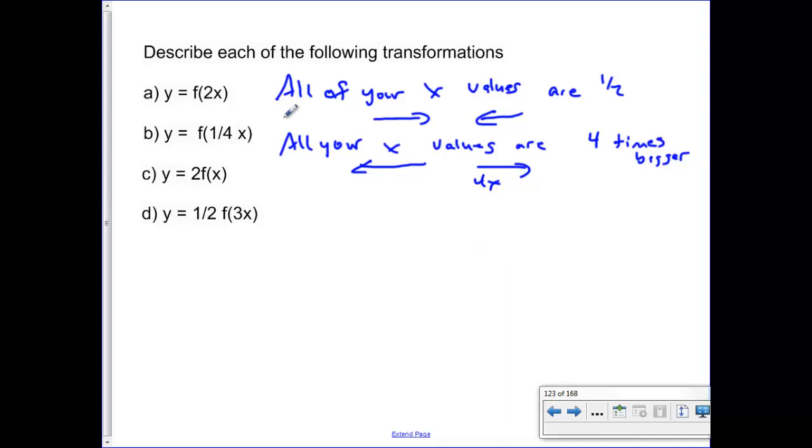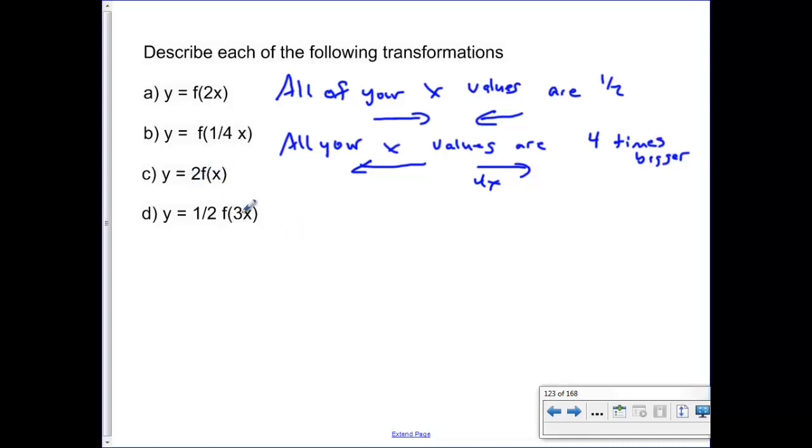Is that because that number is less than 1? Yeah, because this number is less than 1, then it's like the opposite. So a fraction actually means further out. A whole number actually means squished in. It feels opposite, I promise. After a while of using this, though, it'll sink in.